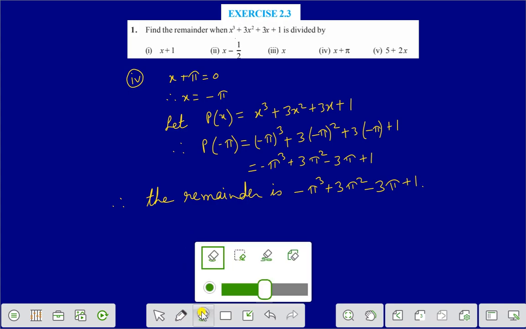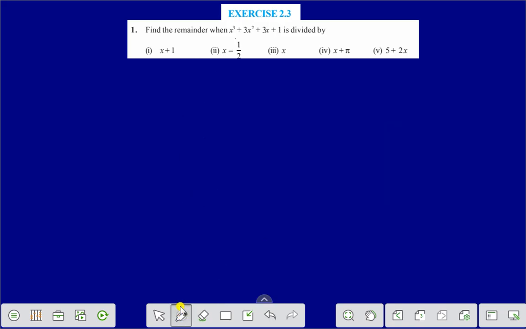Now solve question number 5. Here also we'll apply the remainder theorem. Question number 5 is 5 plus 2x. We take 5 plus 2x is equal to 0, or 2x is equal to minus 5, or x is equal to minus 5 by 2.